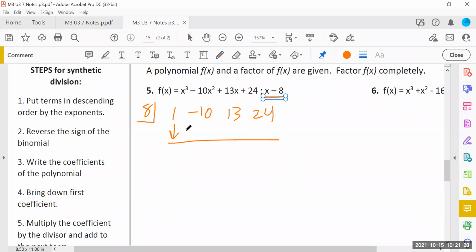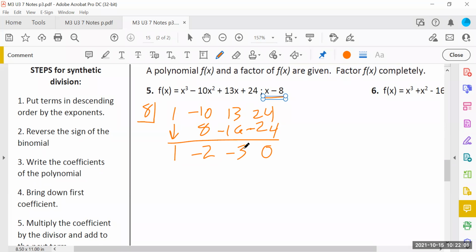I'm going to bring the first one down. 1 times 8 gets me 8. -10 plus 8 is -2. -2 times 8, -16. 13 minus 16 is -3. -3 times 8 is -24. 24 minus 24 is 0.